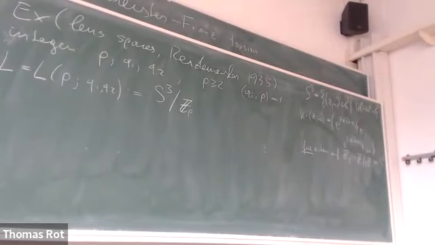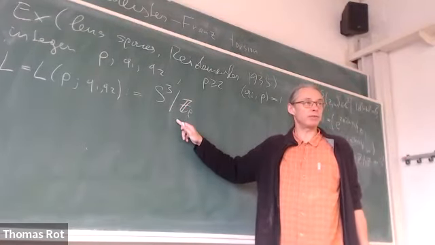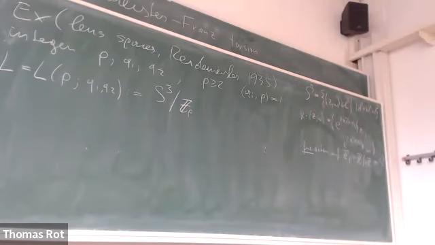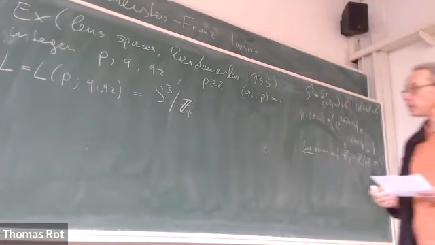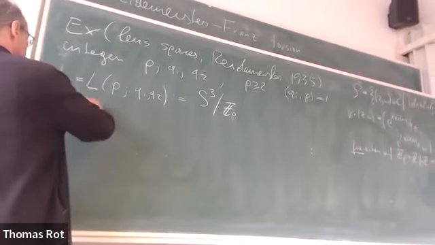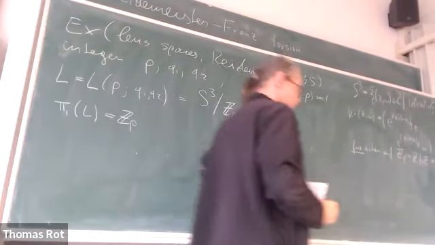So it's a free action on S3. So the quotient here is a nice smooth manifold. It's a lens space, and the universal covering is S3. These are called lens spaces. In this case, the fundamental group, of course, is the group Z mod P.